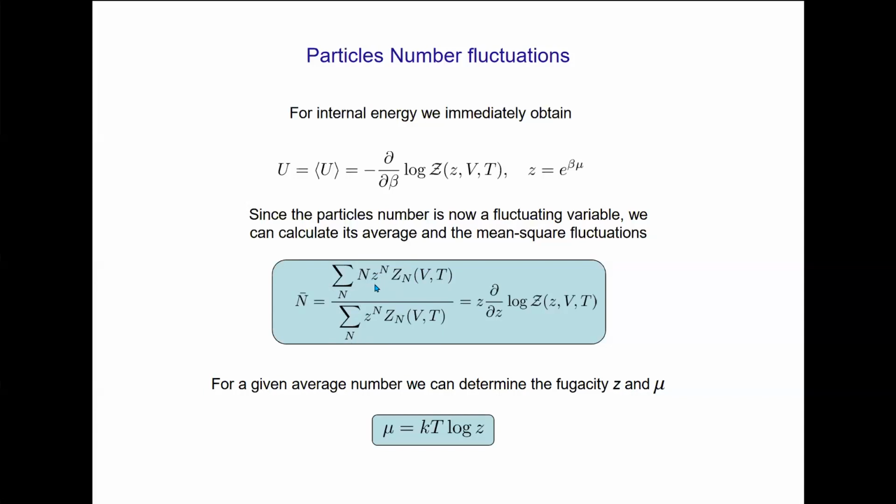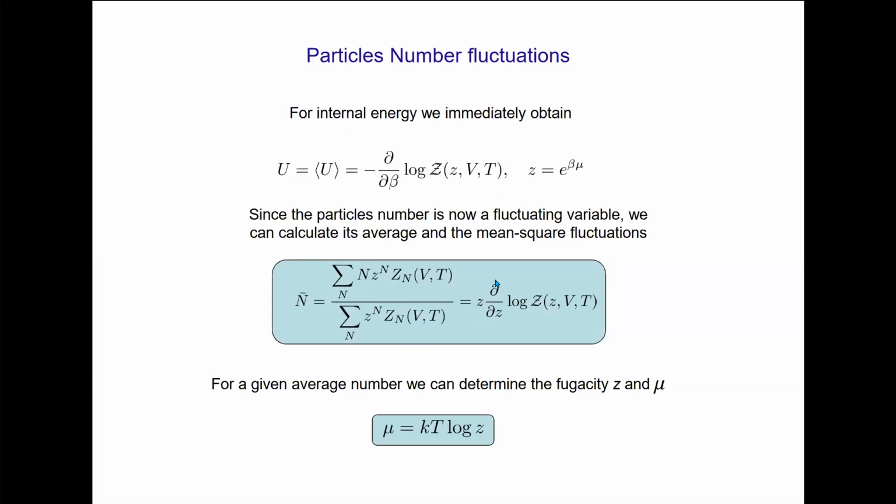And using a differentiation trick, you can immediately see that this n, if we differentiate z to the n with respect to z and multiply back by z, we get this extra factor.